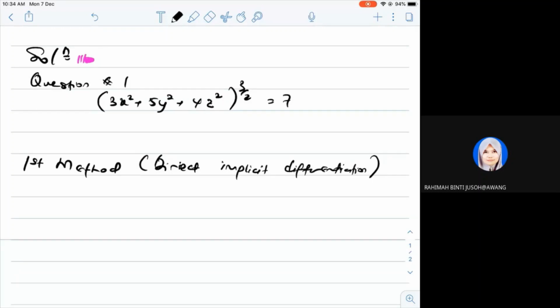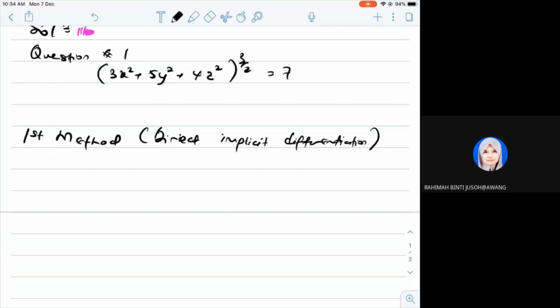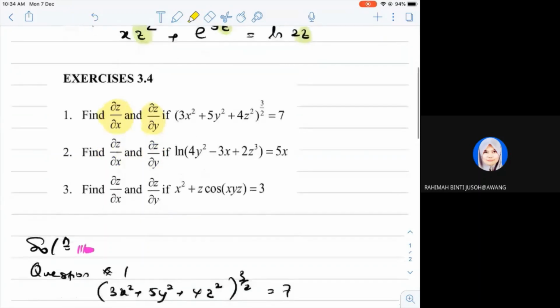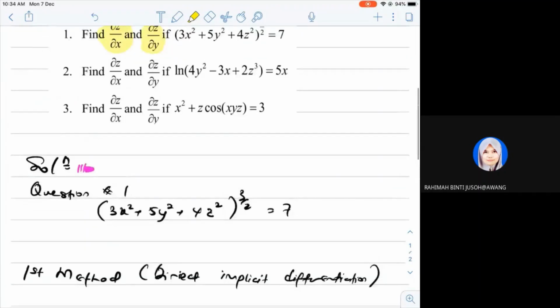What to do is, the question asks you to find del z over del x and del z over del y. Let us do del z over del x first.